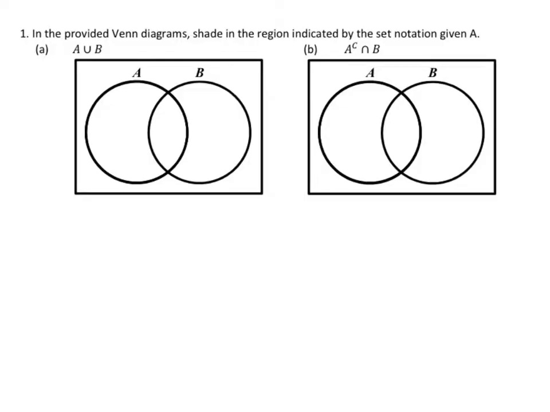Number one is giving you Venn diagrams and is asking you to shade in the regions based on the set notation. In the first one, it says we want to shade in the region A union B. Remember, the word for union is or, A or B. Something that needs to be emphasized here, because a lot of students make this mistake: when you hear the word or, you are thinking and/or.